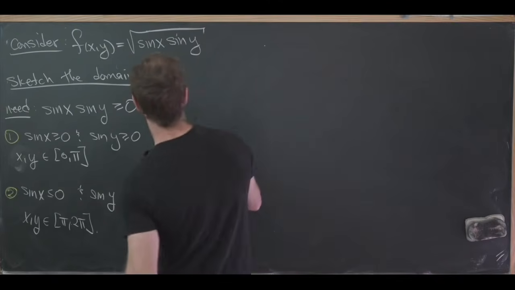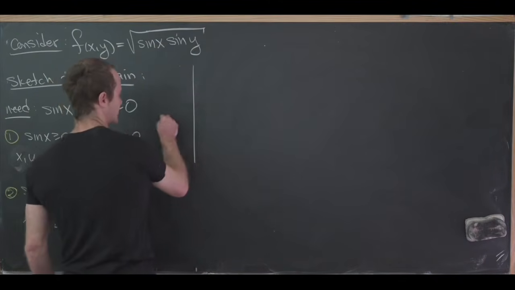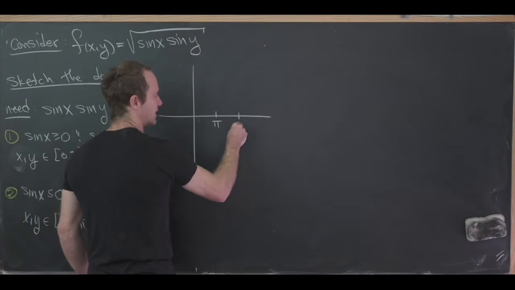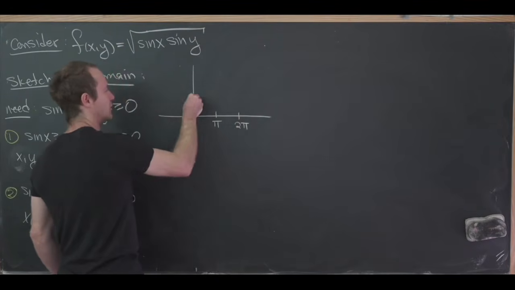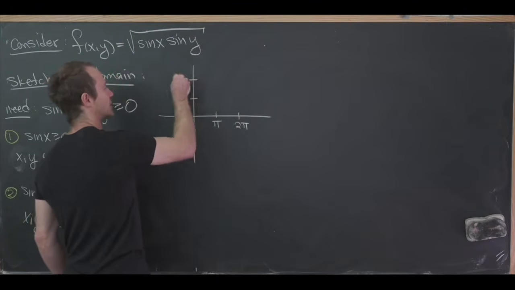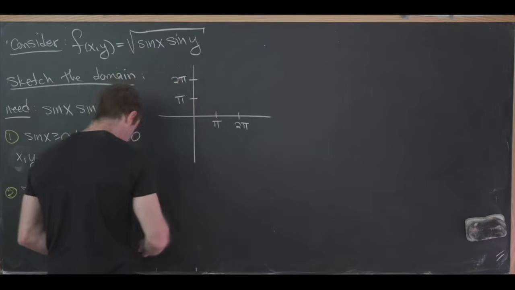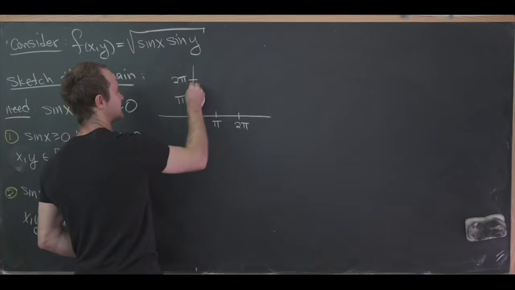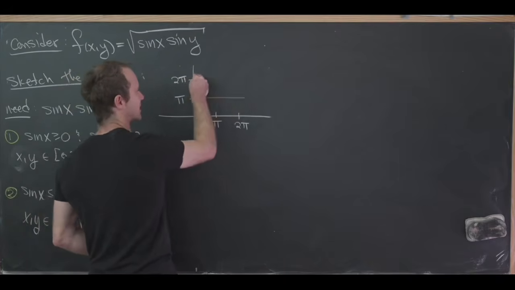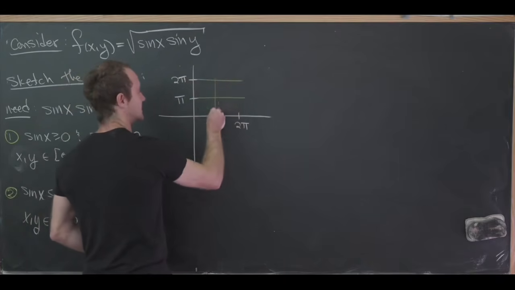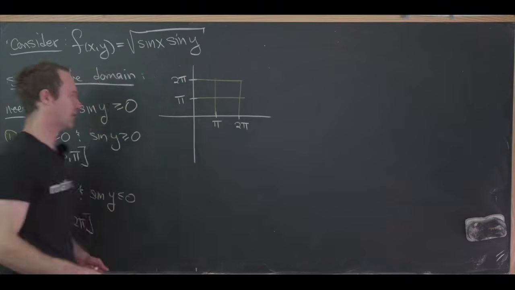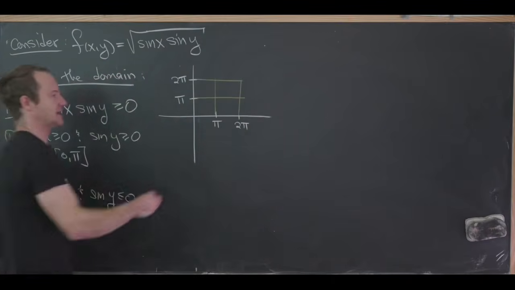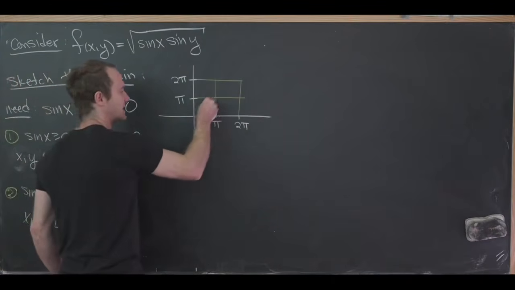Okay, so now let's get our picture going. So we'll put a pi here. We'll put a 2 pi here. We'll put a pi here, and we'll put a 2 pi here. And then let's maybe checkerboard this. Well, that's maybe a giveaway using that terminology, but let's get this going right here. Okay, so both x and y being between 0 and pi is equivalent to being in this bit right here.